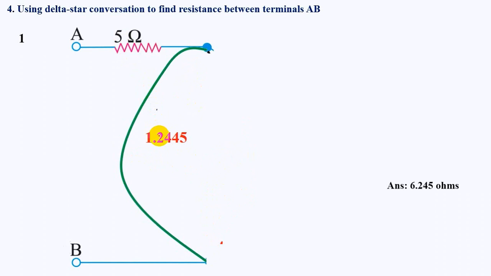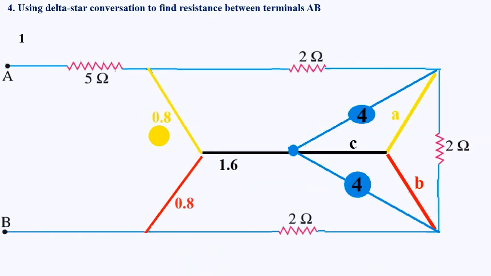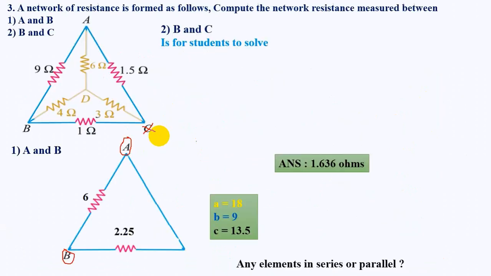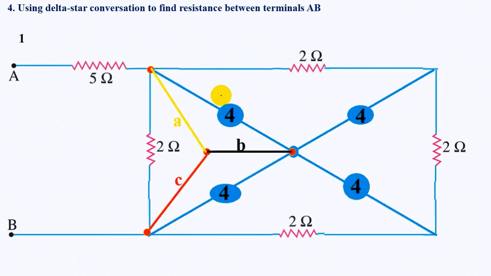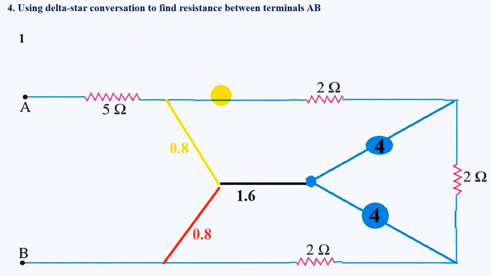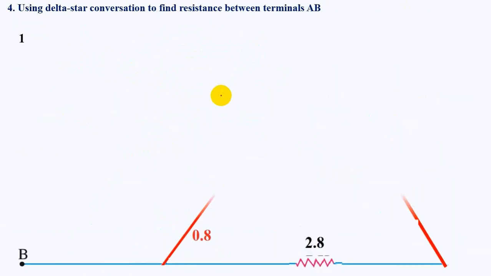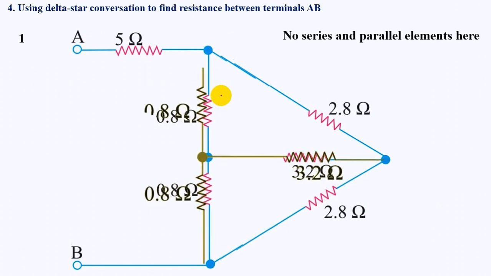Right? So you can see here we have used star delta. Let us try to revise this problem. We have applied delta to star twice, and then we have applied the concept of series, and then again we have applied this star to delta.